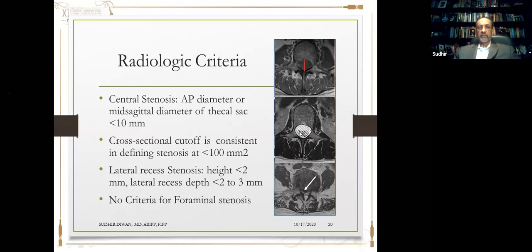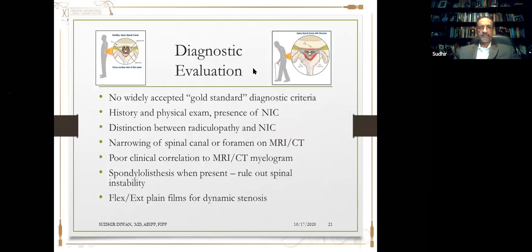If that cross-sectional area is less than 100 square millimeters, then that is stenosis. Lateral stenosis is based on the height. If height is less than 2 millimeters or depth is less than 2 millimeters, then it's lateral recess stenosis. Again, for foraminal, there are no specific criteria.